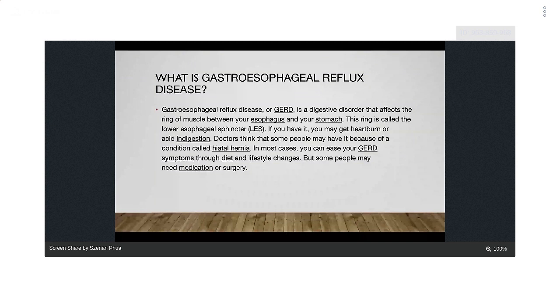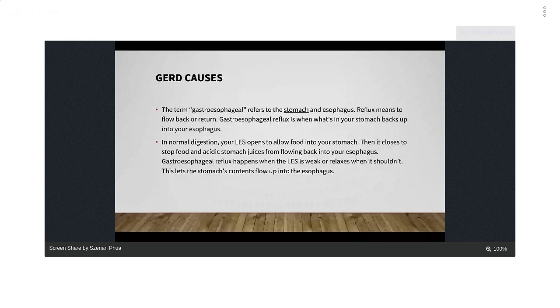The cause. The term gastroesophageal refers to the stomach and esophagus. Reflux means to flow back or return. Gastroesophageal reflux is when what is in your stomach backs up into your esophagus.